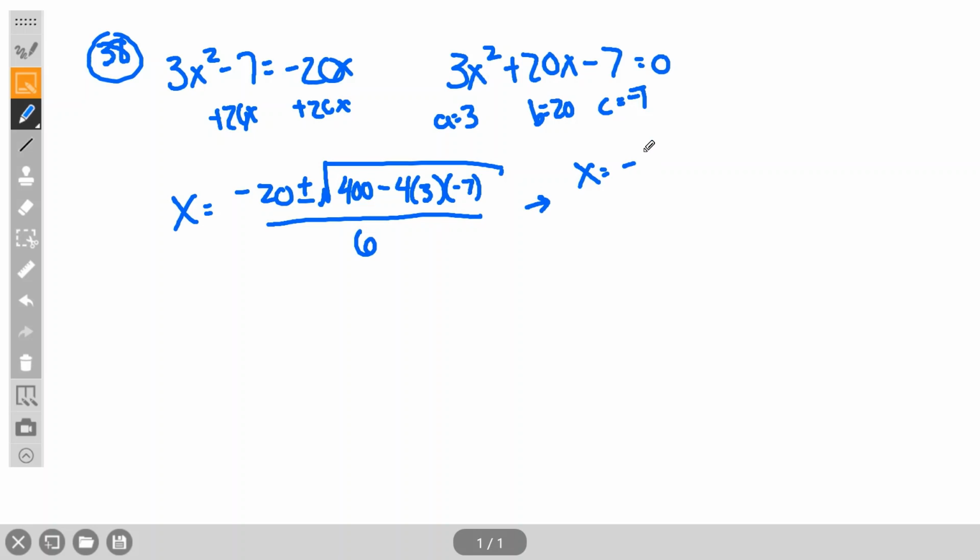So let's simplify this a little bit. Negative 20 plus or minus the square root of 400 plus 4 times 3 times 7, which is 84, all over 6. So let's keep simplifying.